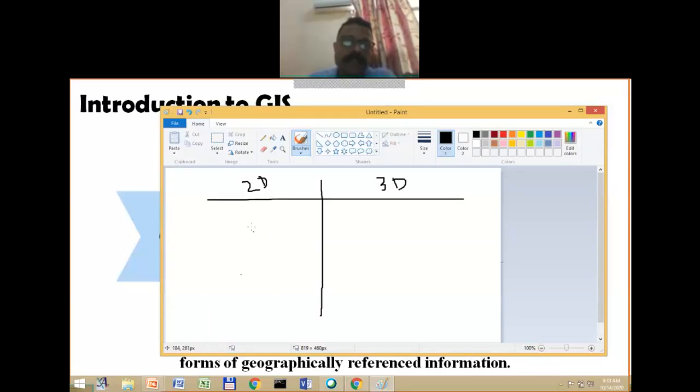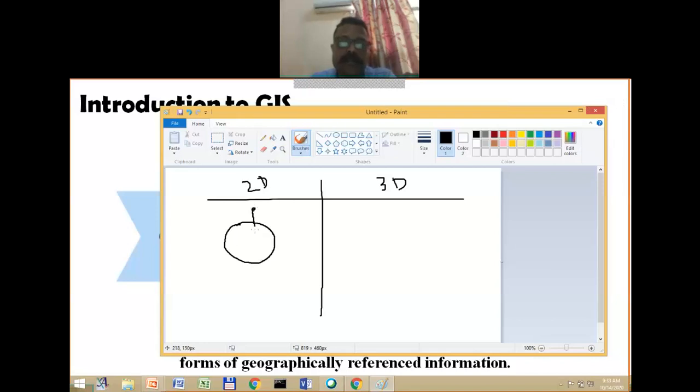Normally in a two-dimensional coordinate reference system, we have to project our location onto a two-dimensional space. Suppose this is the earth, and you are somewhere here.